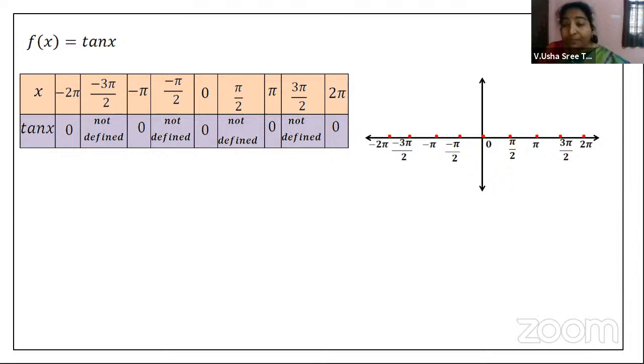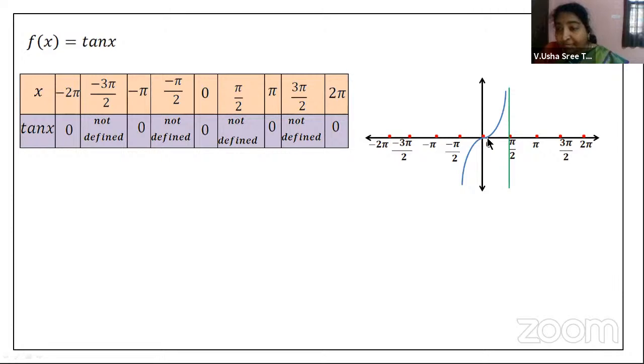So now, observe this. You are taking 0, tan 0 is 0. That means the graph will touch here, no doubt. Then tan 90 is not defined. Now, if you have an undefined value, observe this.